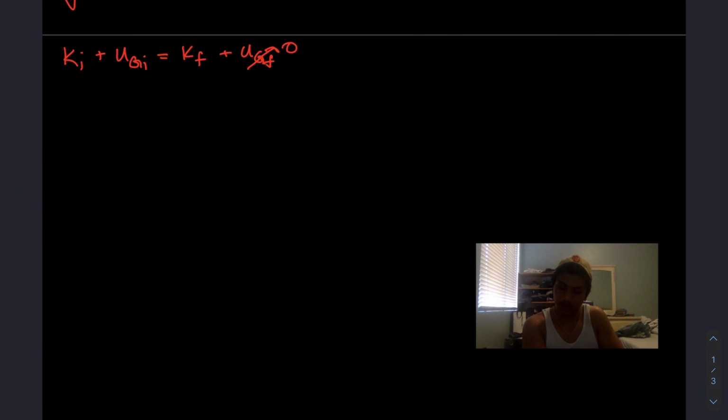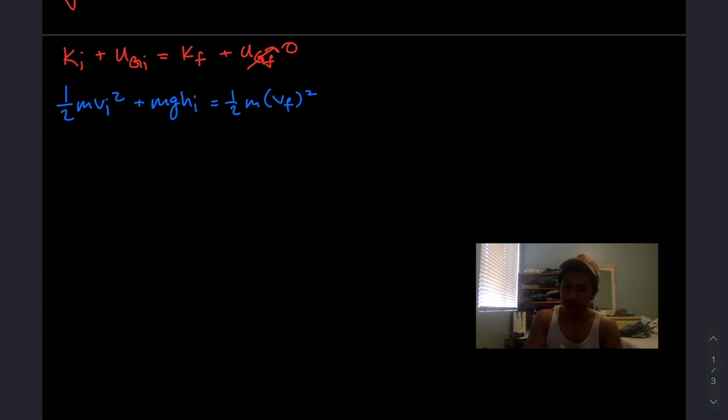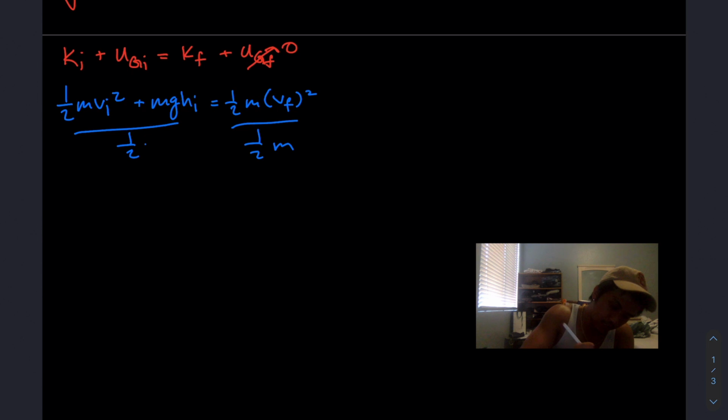So your initial kinetic energy would be 1/2 mv initial squared plus mgh initial equals 1/2 mv final squared. You're just going to solve for v final, so you're going to divide by 1/2 mass and square root the whole thing.